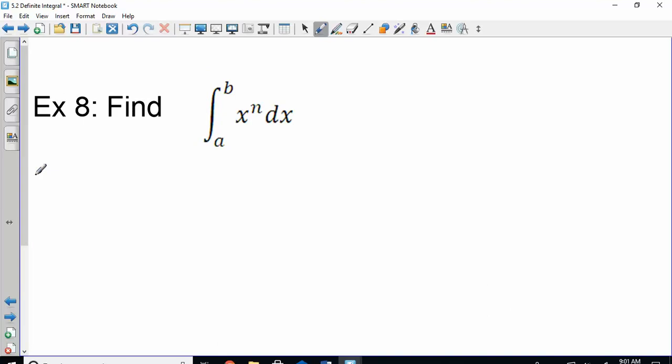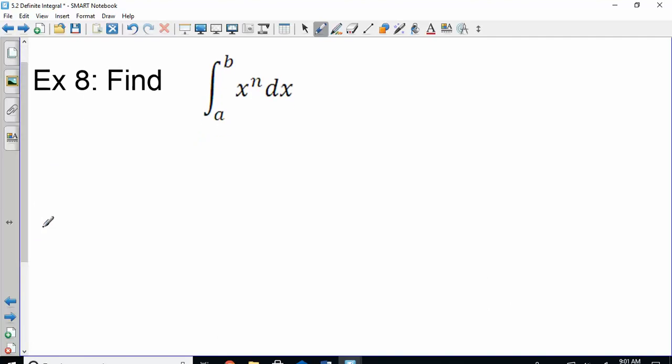Let's do another one. Here's an ugly one. Not really that ugly, it just has variables in it, so it looks ugly. I want the integral from a to b of x to the n dx. So we have to do the antiderivative of x to the n. So we know when we do an antiderivative, we add 1 to the power. And what would I have to put in front to cancel that? 1 over n plus 1.